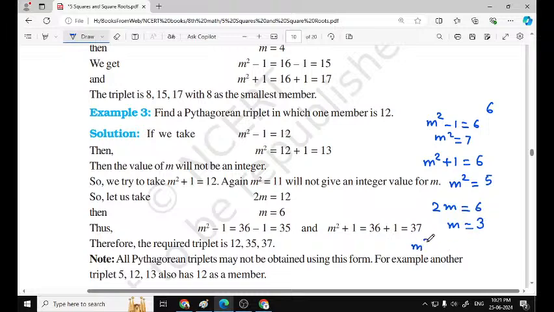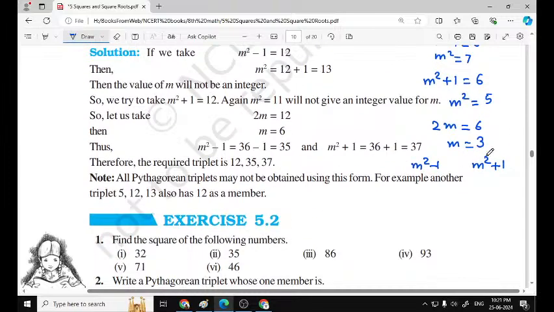Now find m square minus 1 and m square plus 1. M square minus 1 is 3 square minus 1, that is 8, and 3 square plus 1, that is 10. So 2m, then m square minus 1 and m square plus 1 is a Pythagorean triplet. Therefore 6, 8 and 10 is a Pythagorean triplet.